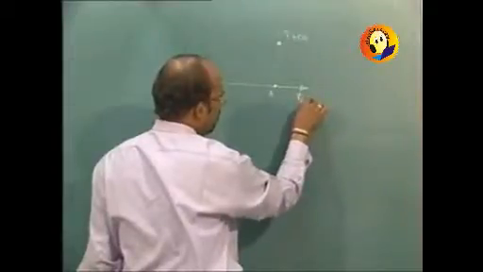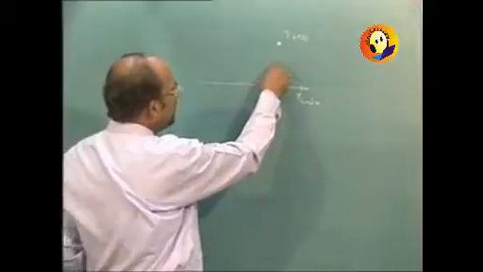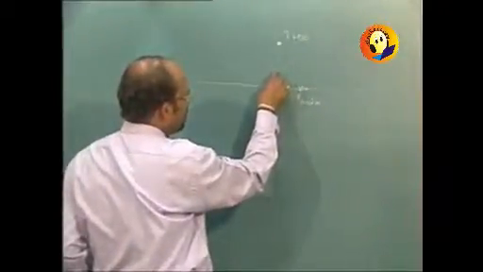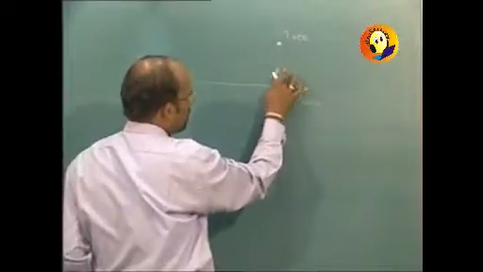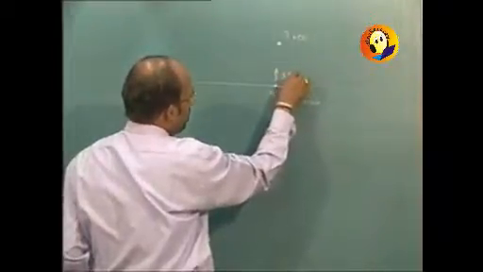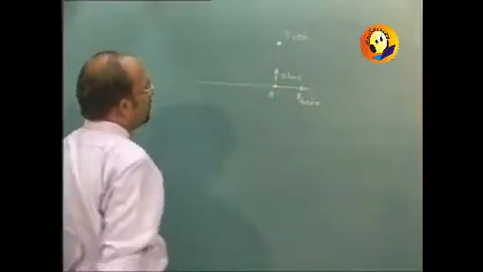We are moving with the velocity of the train, and if we decide to hit this tree by throwing a stone, we want to throw a stone and we want it to hit the tree.